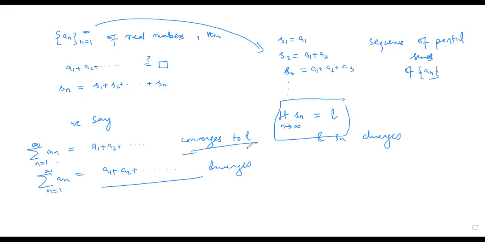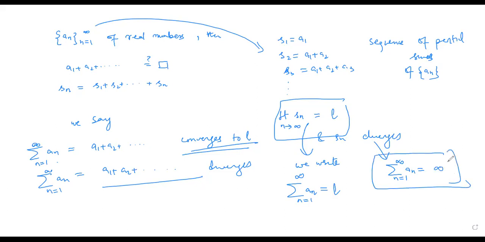And in case it converges, we write, in case of this situation, we write summation n runs from 1 to infinity a_n is equal to L. And in case it diverges, we write simply summation n runs from 1 to infinity a_n is equal to infinity. इसका मतलब है ये diverge करती है, इसका मतलब ये है ये converge करती है sequence of partial sums to the number L.